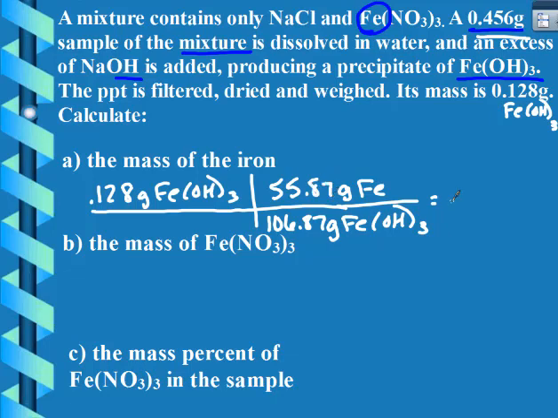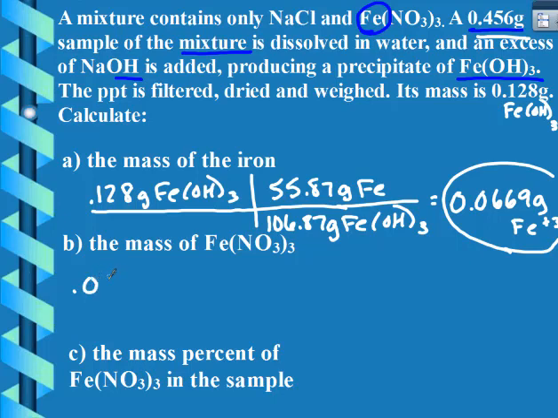And I had 3 sig figs, so I get 0.0669 grams of iron ion. But I had iron 3 nitrate in that compound. So I'm going to start with that, and if I know all of the iron in the compound, I can figure out the mass of the compound itself.